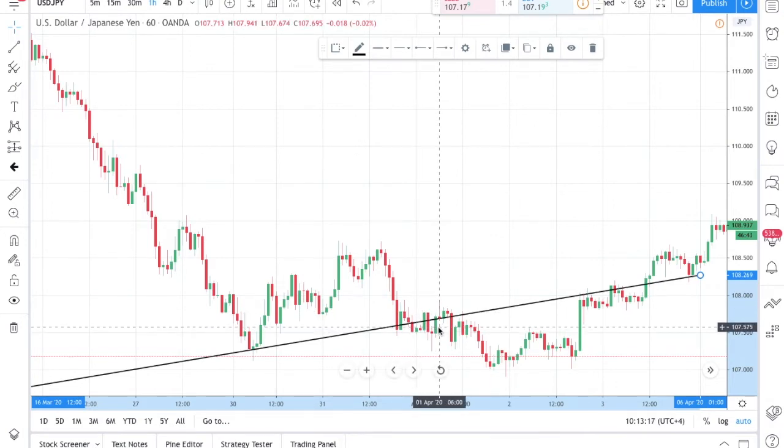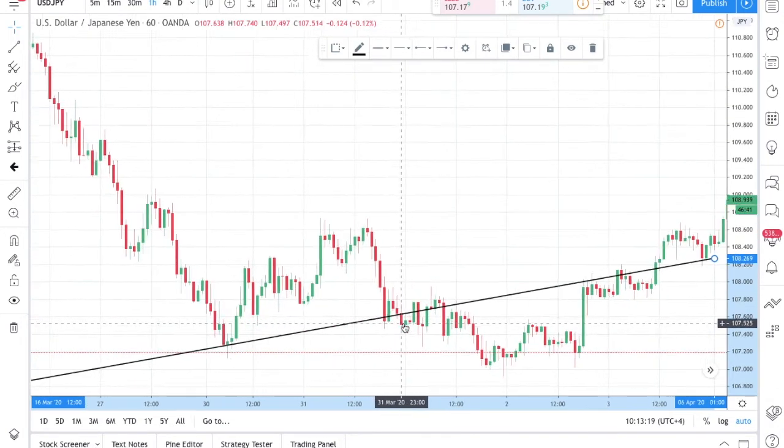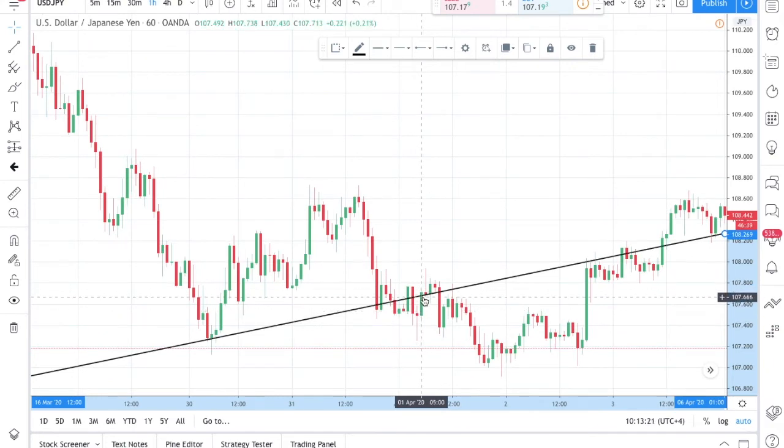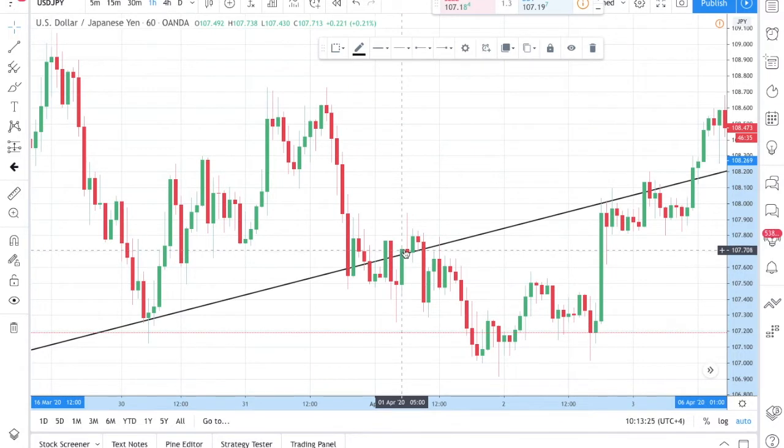So let's see what happened again. Look at this candle. You see it again, it's above our trend line. This is not a confirmation. This is not the first attempt. This is a fake breakout. Guys, look what happened again.